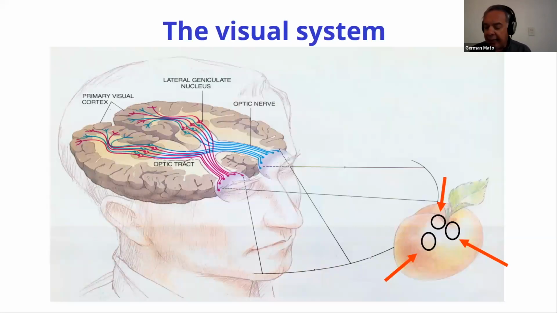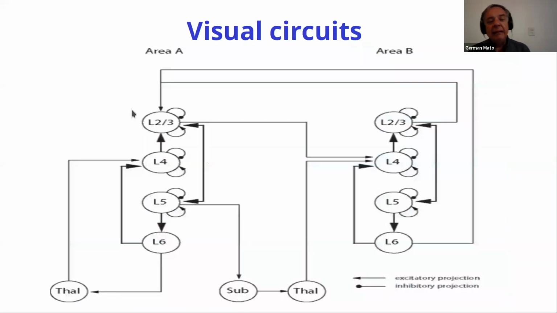Well, in the visual system, the image is generated in the retina, and then it travels via the optic nerve to the lateral geniculate nucleus. And from there, it goes to the primary visual cortex that is in the occipital region of the brain. These are the relevant circuits of the cortex.